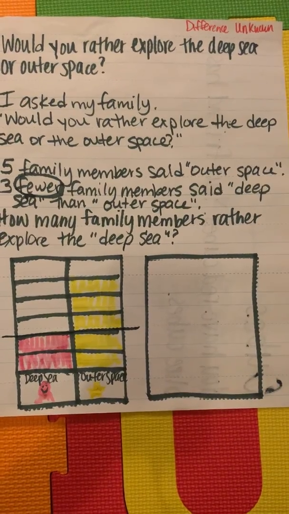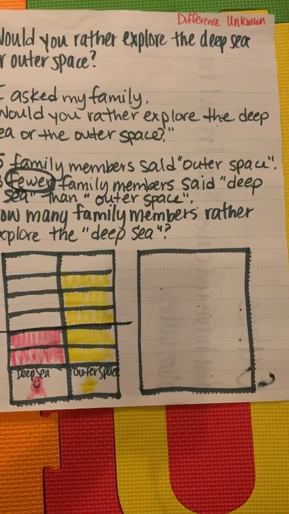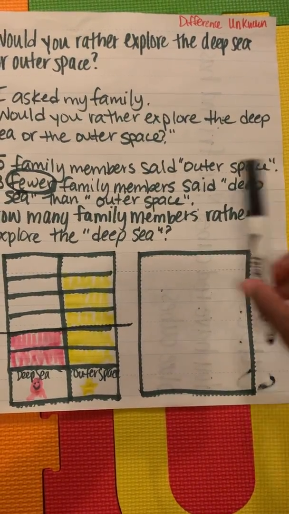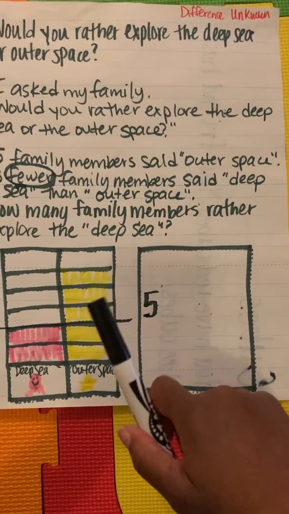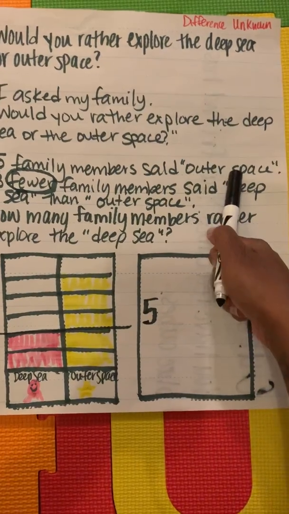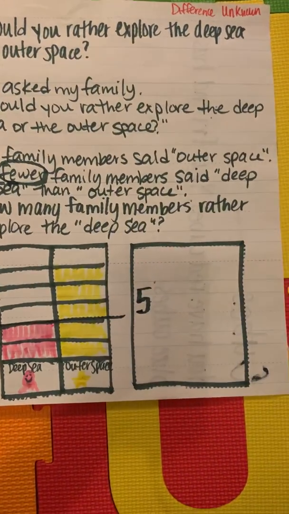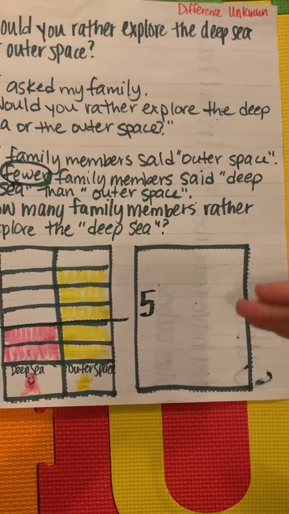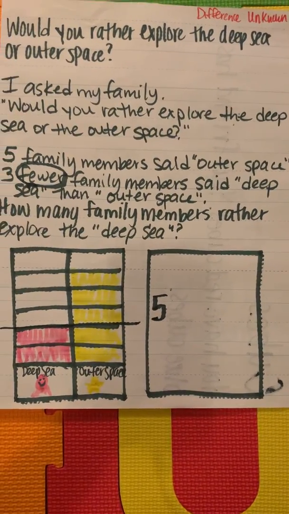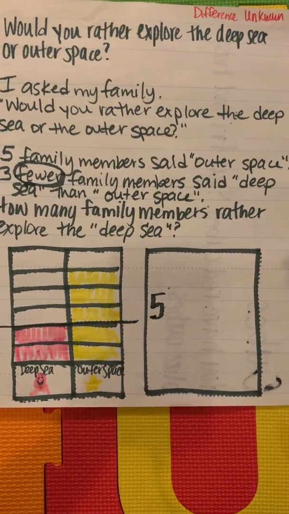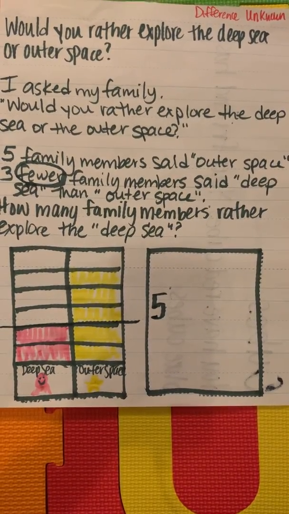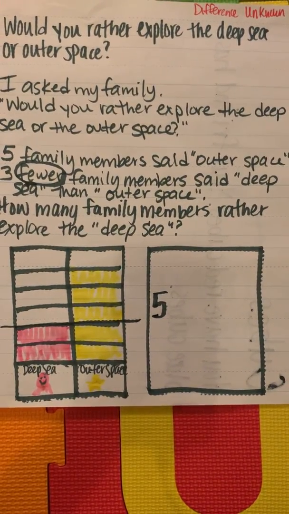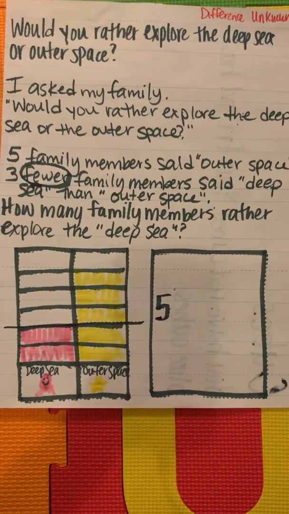I can go over here and show the same thing with an equation. If I go back, I know that 5 family members would rather explore outer space. 3 fewer, and like I said, fewer means smaller or less than, just like more means greater or bigger. And if you remember with the bigger unknown, we added because we heard that keyword more.